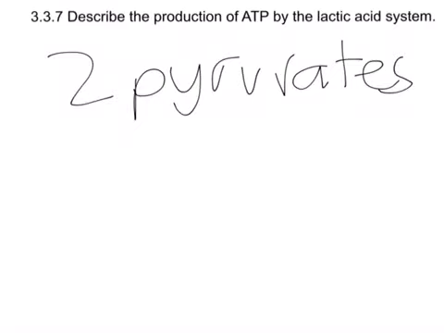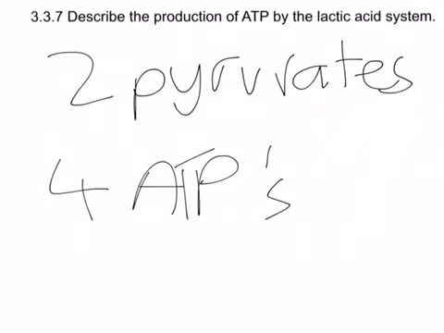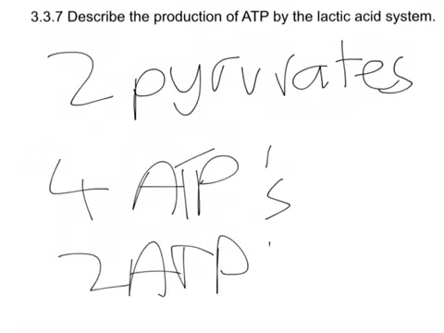This splitting of the glycogen yields 4 ATPs, but only a net gain of 2 ATPs, because 2 ATPs are used to break down the glycogen into pyruvates.